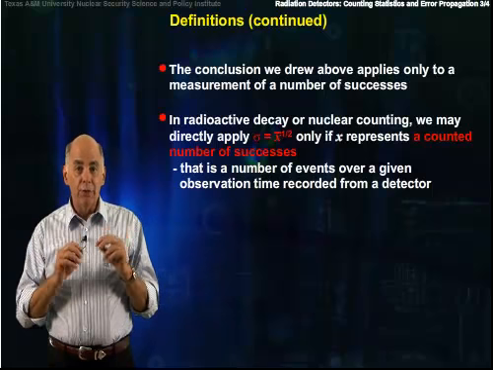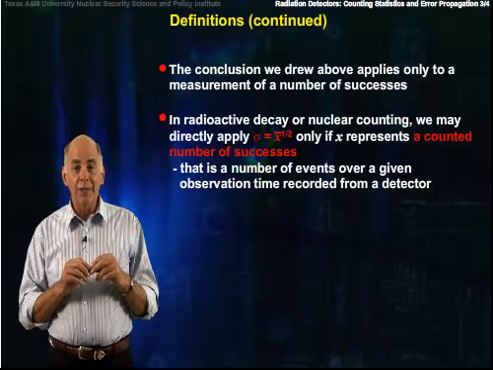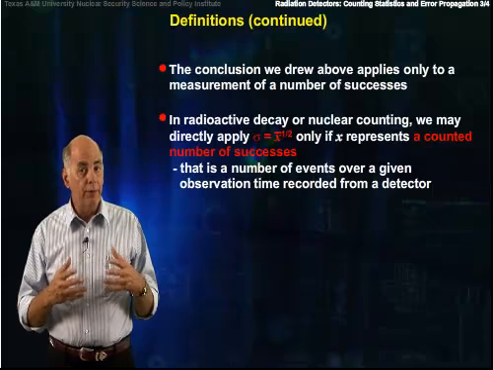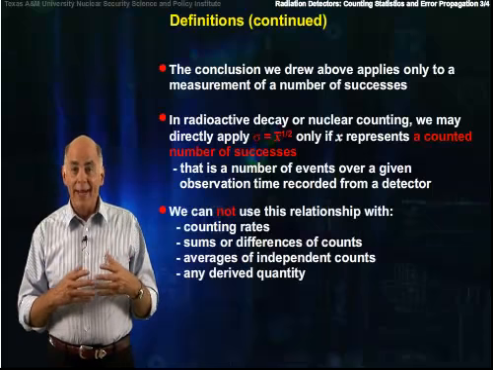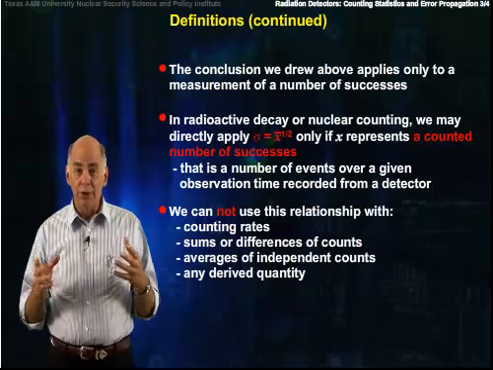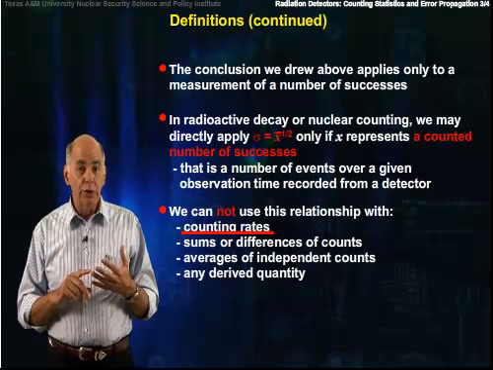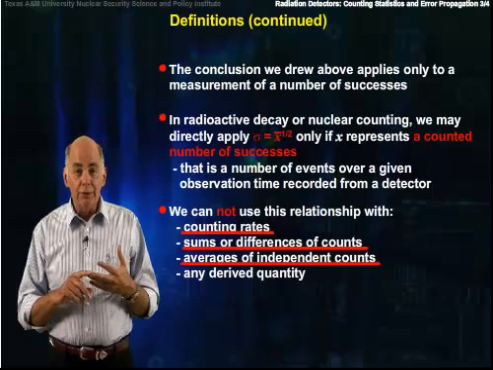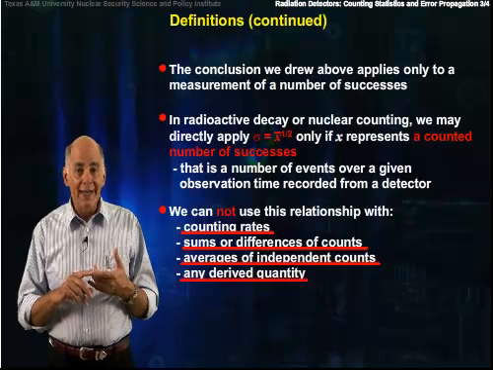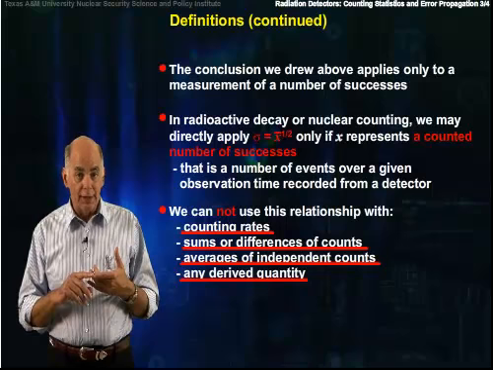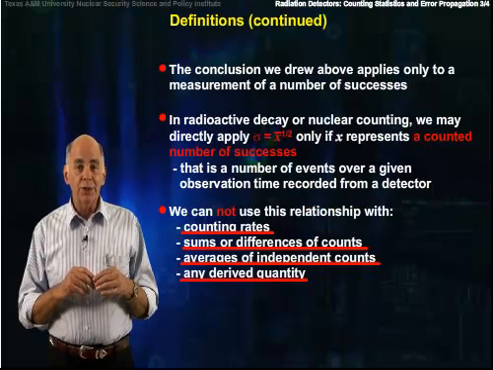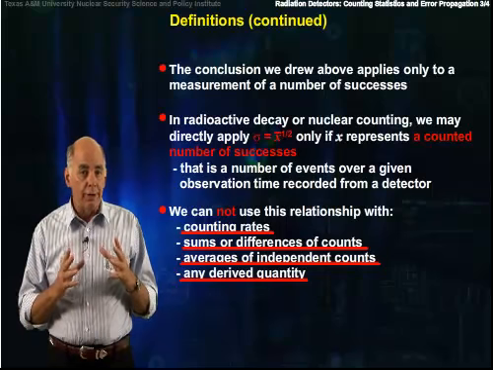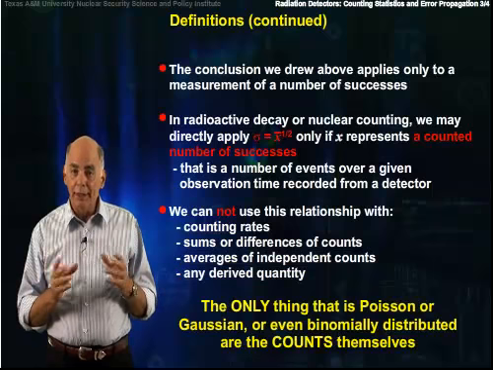That is, a number of events over a given observation time recorded from the detector. We cannot use this relationship with count rates, sums or differences of counts, averages of independent counts, or any derived quantity. Because students miss this concept so often, bear with me and I'll repeat this.